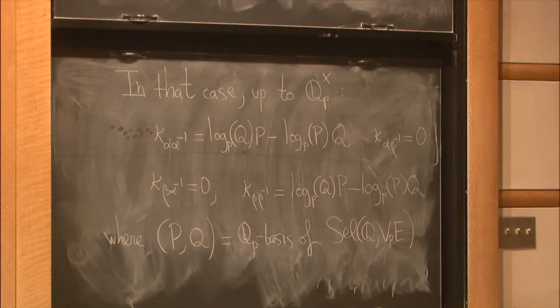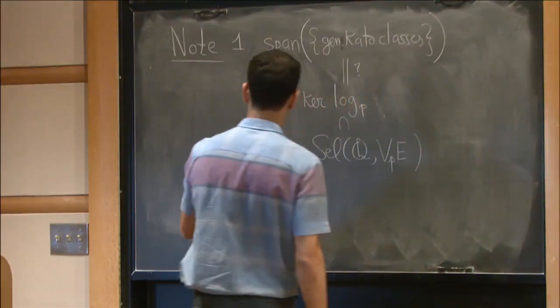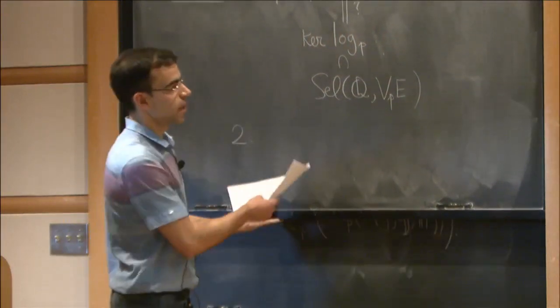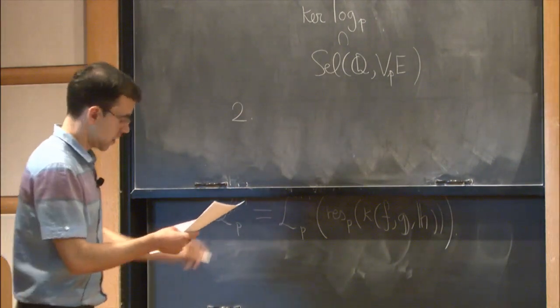So from the non-vanishing of these p-adic logs, they get that their classes are linearly independent. But in our case, these p-adic logs are 0. So in our case, the result of Darmon-Roger doesn't apply precisely because the p-adic log of these classes will be 0. Okay, so the next remark was precisely on that.